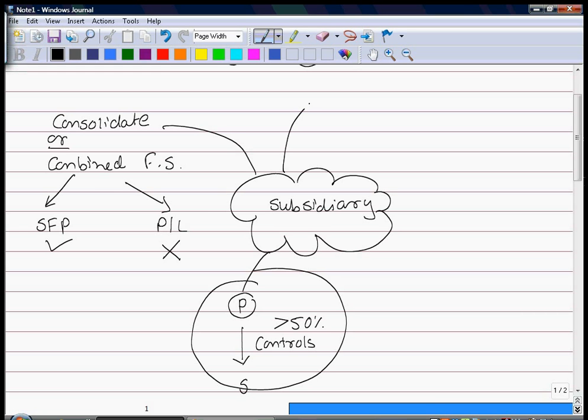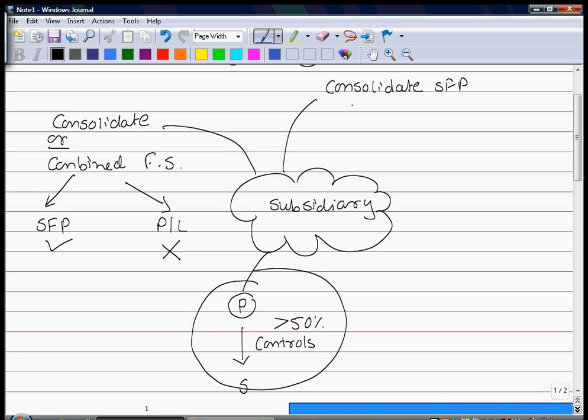So let's talk about consolidated statement of financial position, consolidated SFP. When you prepare consolidated SFP, what you are required to do is cross-cast all assets and liabilities of parent and subsidiary.